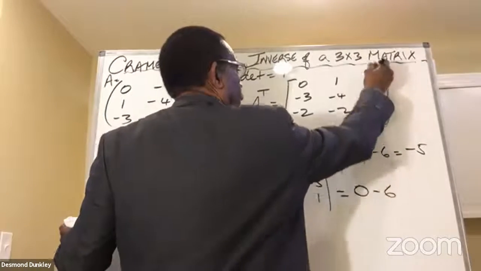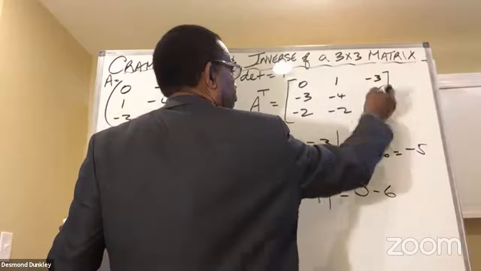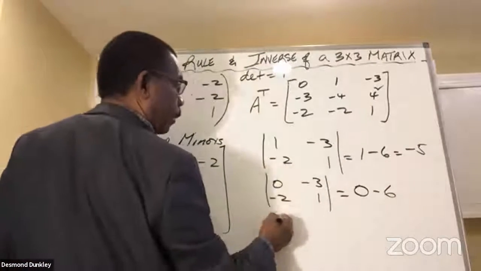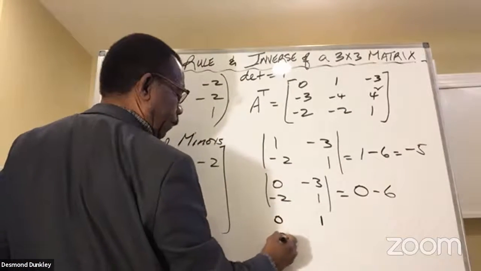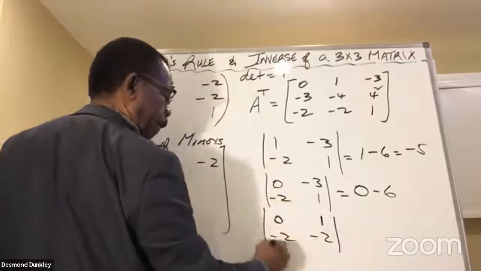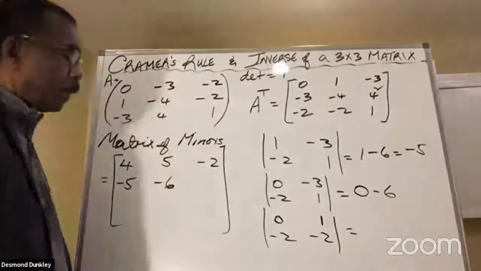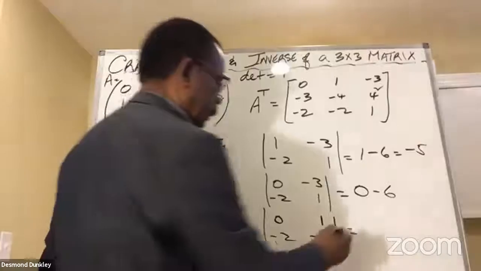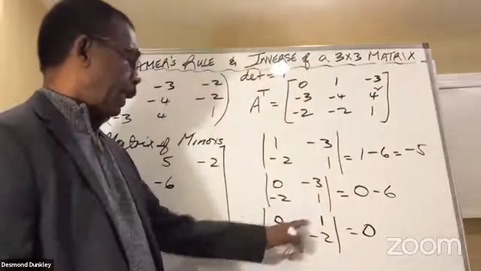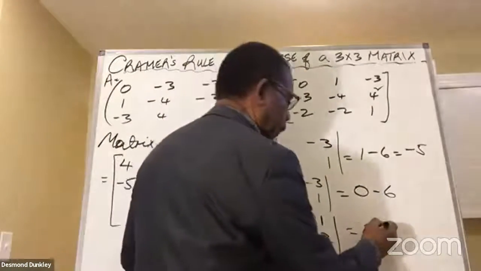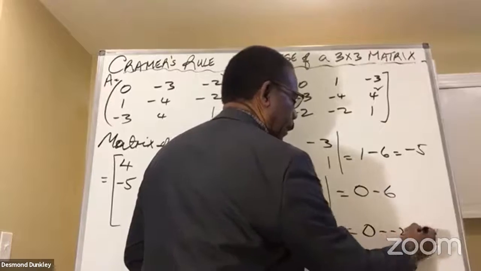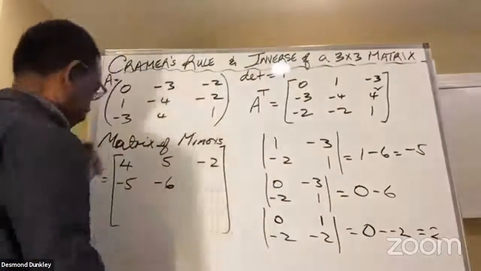Cross out this row, cross out this column, so we end up with 0, 1, negative 2, negative 2. 0 times negative 2 is 0. 1 times negative 2 is negative 2, so it's minus negative 2, which is equal to positive 2.